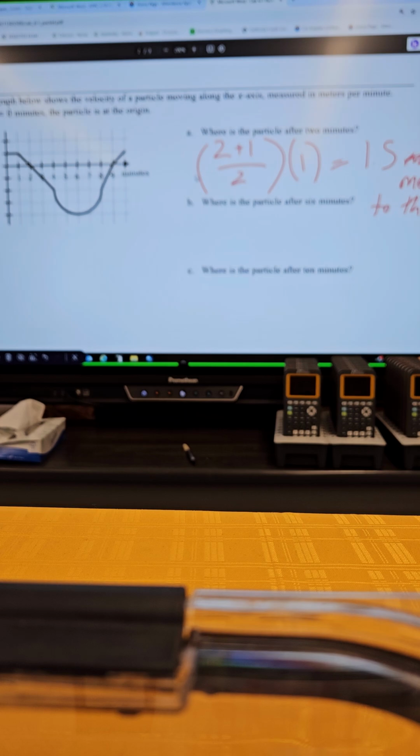Careful on that, because 6 minutes is an accumulation of what? An accumulation of 2 trapezoids and a quarter of a circle, right?